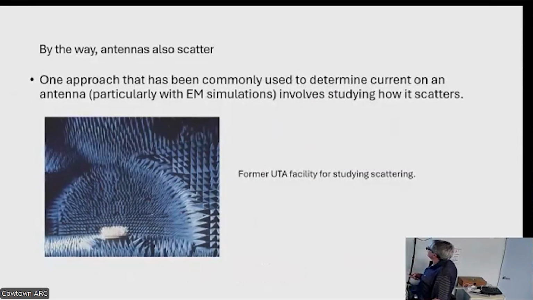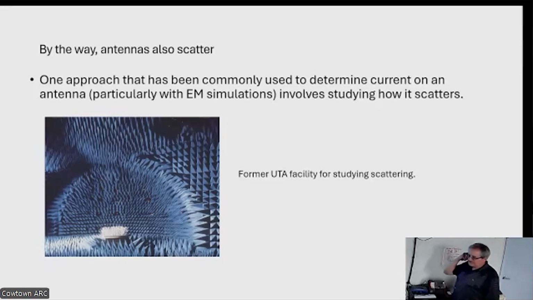I like this picture of our anechoic chamber we used to have. We had to get rid of it a while back. A facility like this takes up a fair amount of space. You can see, I think this took up about 1,000 square feet or something like that. In addition, there's a maintenance challenge. These absorber materials, those cones you see, are polyurethane foam with carbon powder drawn into it.